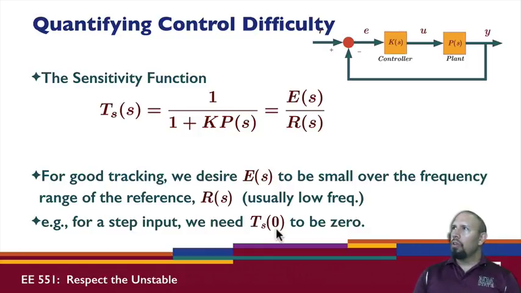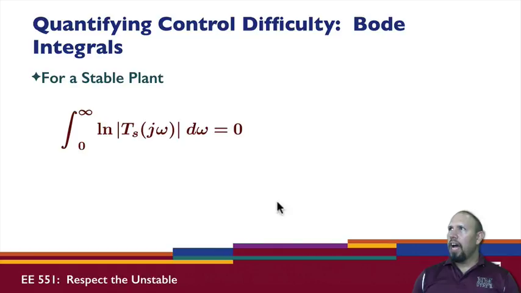So now we're going to go through and look at quantifying the control difficulty using Bode integrals. So for a stable plant, the Bode integral says this. If I take the sensitivity transfer function evaluated at j omega, take the magnitude of that and the natural log of that, and integrate that quantity from 0 to infinity, I will get 0.